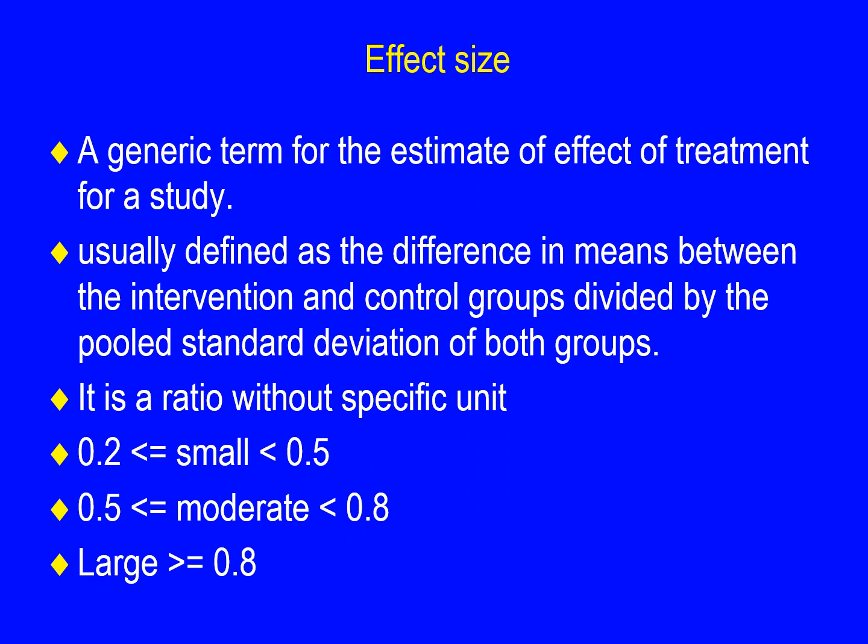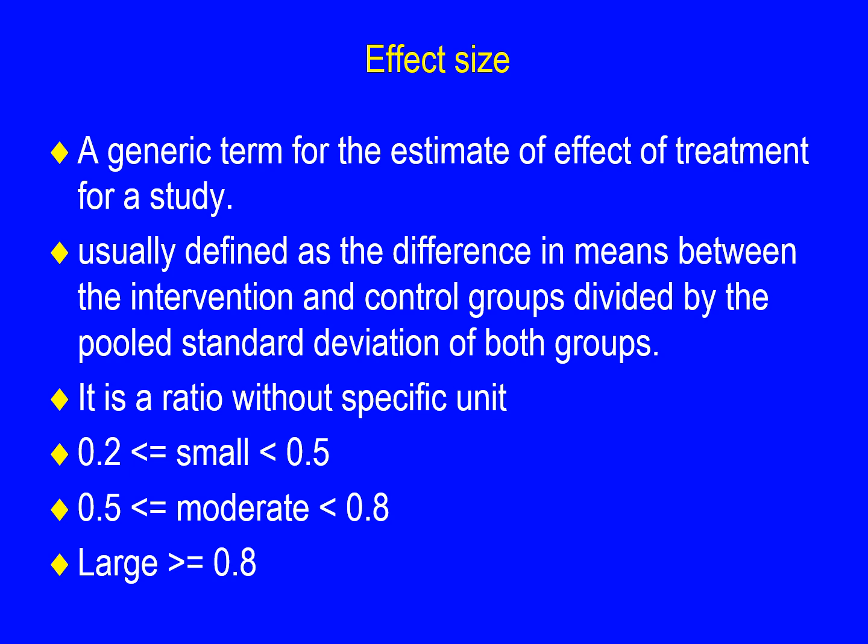Now we're going to discuss the evidence supporting clinical acupuncture. We first need to discuss a concept in evidence-based medicine regarding clinical trials, and this concept is called effect size.